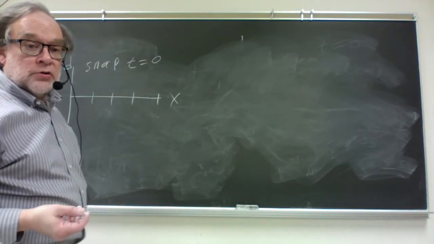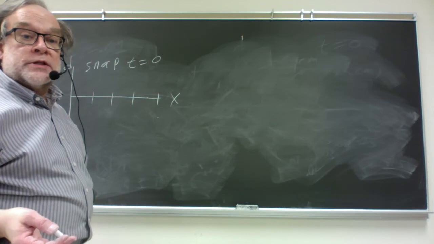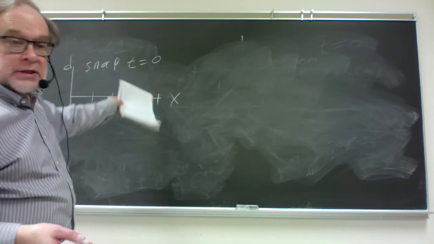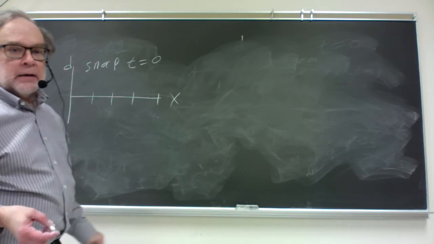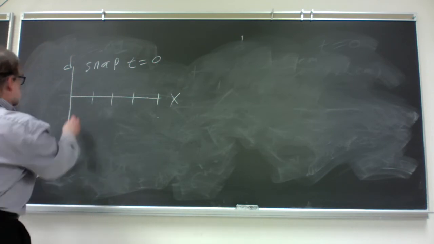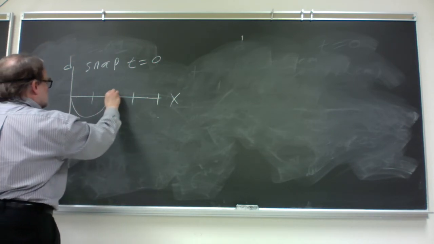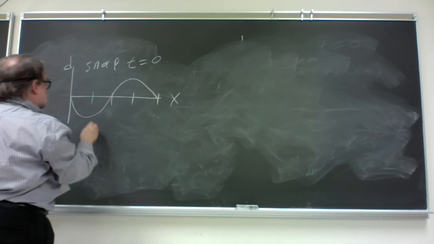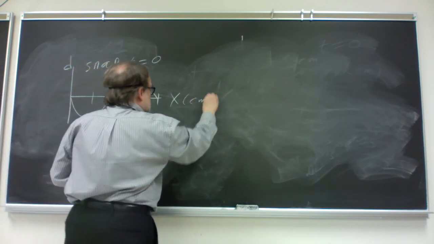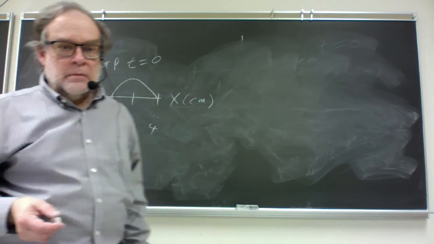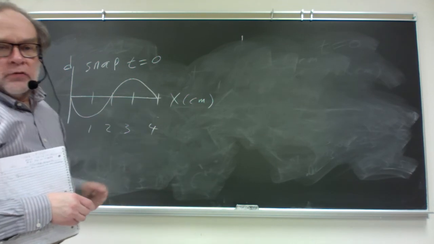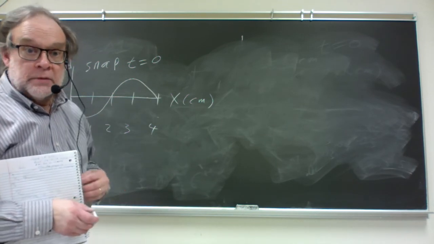The snapshot tells you what's happening at different locations at one point in time, and at that moment in time, the displacements caused by the wave look like this. We'll say it's marked off in centimeters again, so that in this case, the wavelength of this pulse is 4 centimeters.